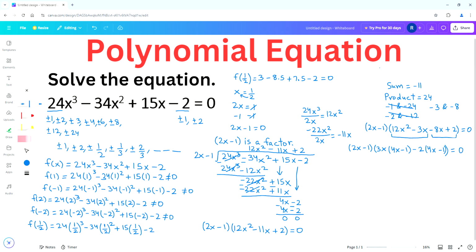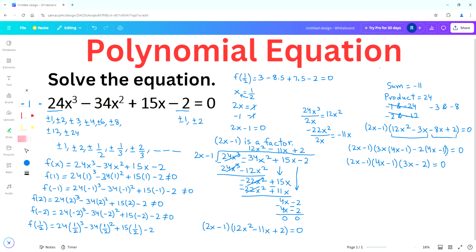We can continue the factoring by factoring out 4x minus 1. So this is the complete factored form for the given equation.